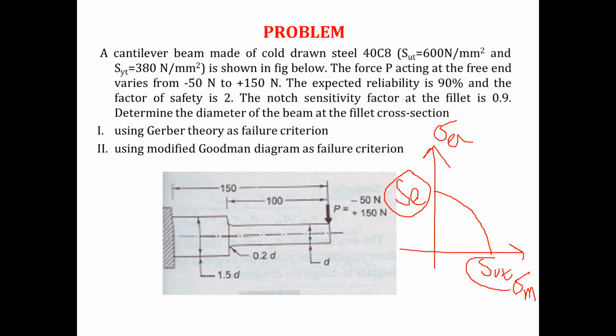Sigma a and sigma m are not given to me, but I can find them with the help of the values minus 50 Newton and plus 150 Newton. And SE is not given to me, so I cannot use Gerber theory directly. So the very first step is to find the value of endurance limit SE. Is it clear? कोई डाउट यहाँ तक?